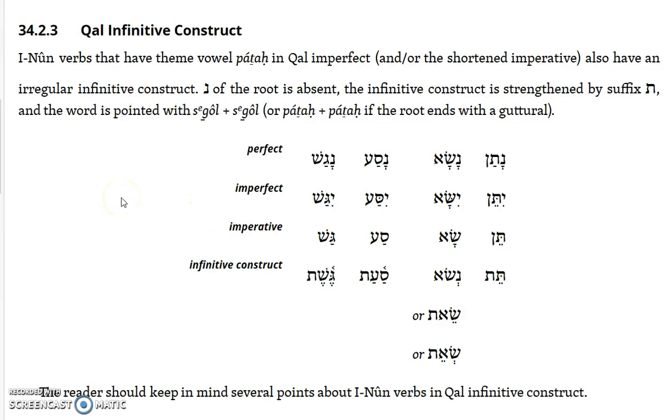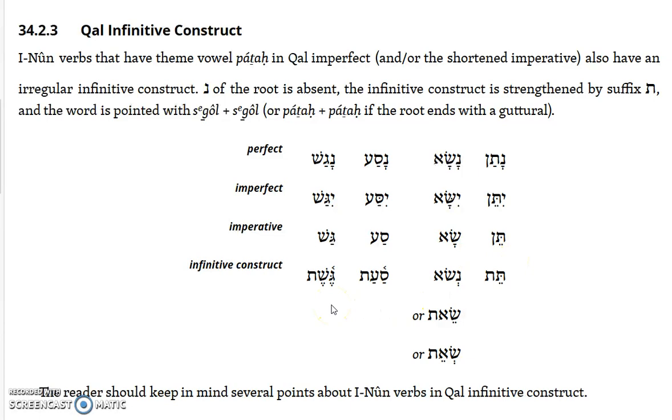First nun verbs that have theme vowel patach in the Qal imperfect also have irregular infinitive constructs. So if you take the verbs nagash and nasa and natan, make them imperfect, they will assimilate, make them imperative. We've shown those forms already.